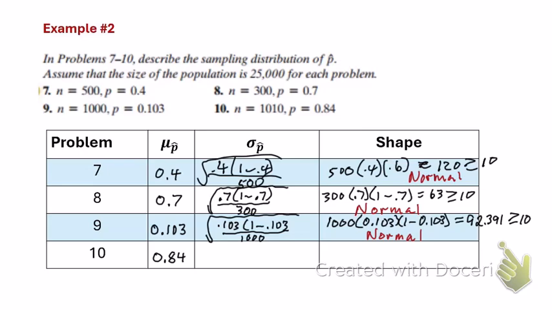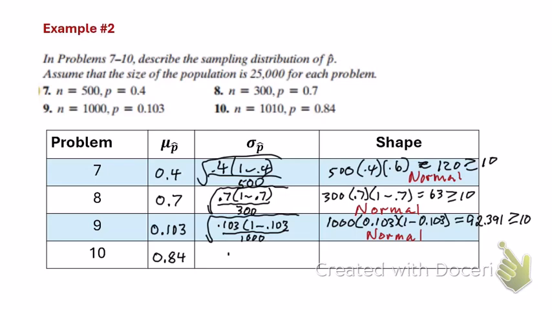So what have we just covered there? We've covered the center, we've covered the standard deviation, we've covered the shape. Now, if you get a number out there on the shape part, less than 10, what does that tell you? Your sample's not large enough to be able to assume that the sampling distribution is normal.